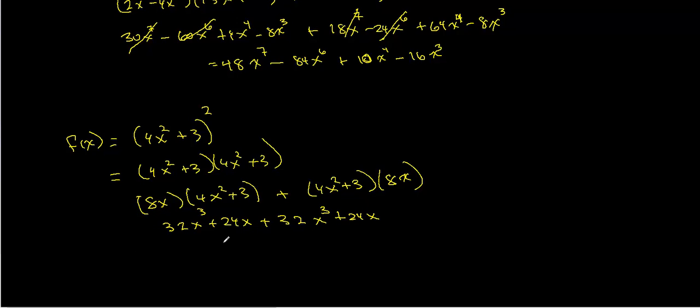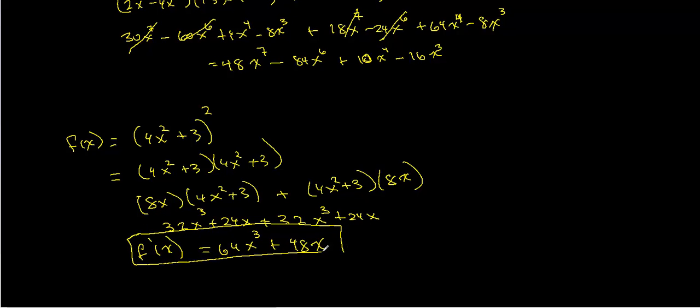Combining like terms, we get 64x to the 3 plus 24 and 24 is 48x. And this would be the derivative of this function. And this is how we apply the product rule.